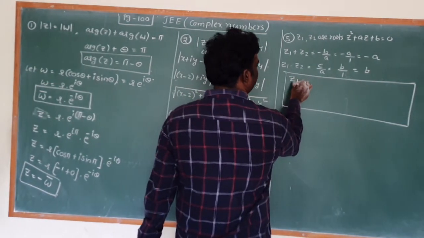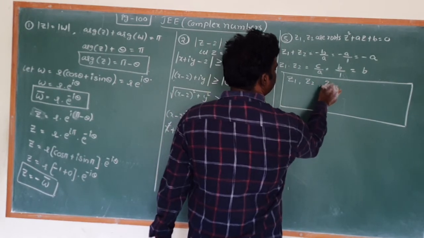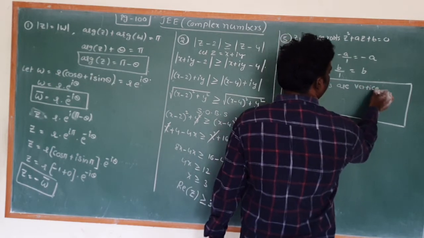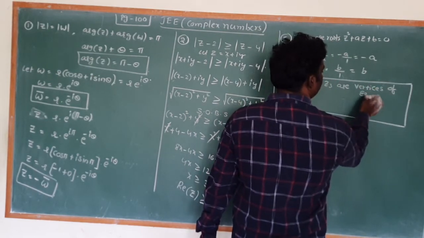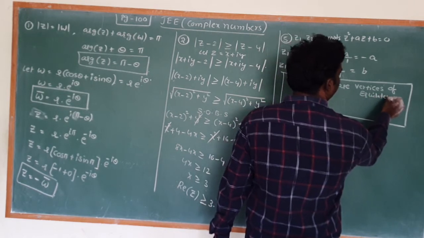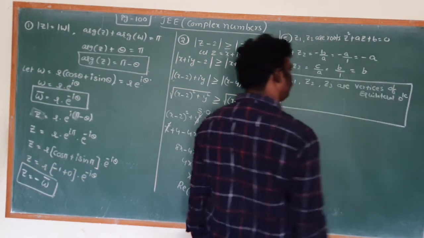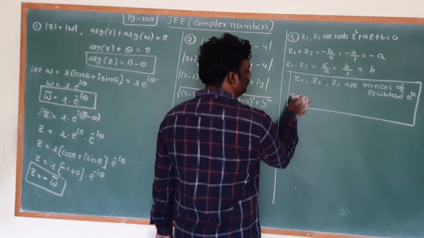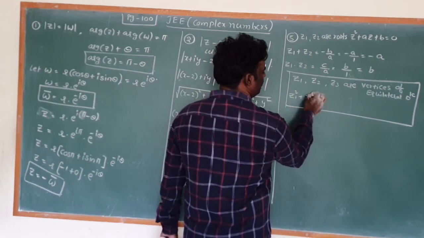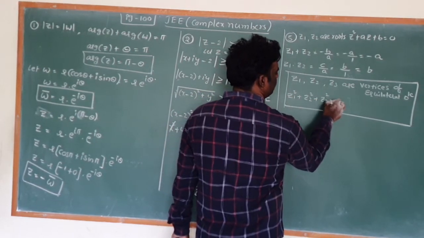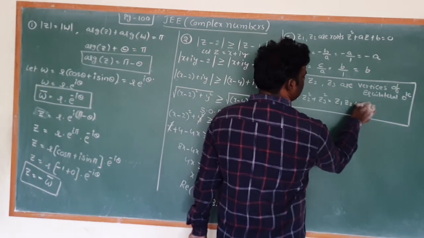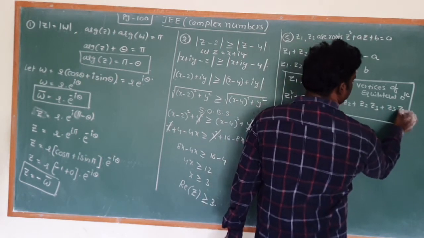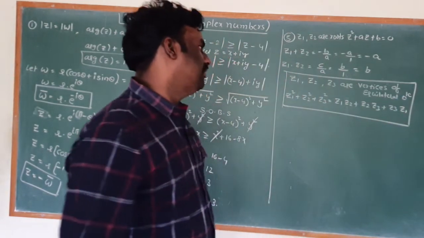If Z1, Z2, Z3 are vertices of an equilateral triangle, then Z1 square plus Z2 square plus Z3 square equals to Z1 Z2 plus Z2 Z3 plus Z3 Z1. This is the shortcut formula we are using if you know the three vertices.